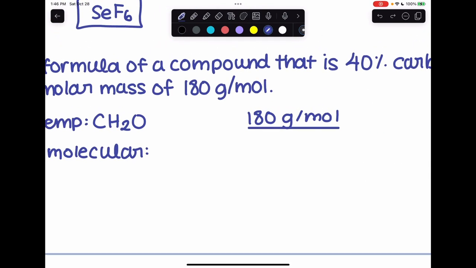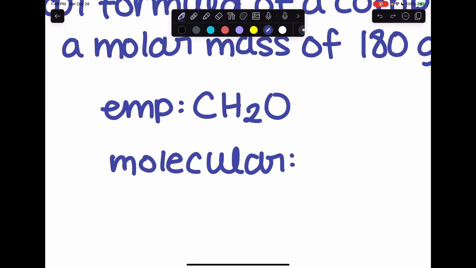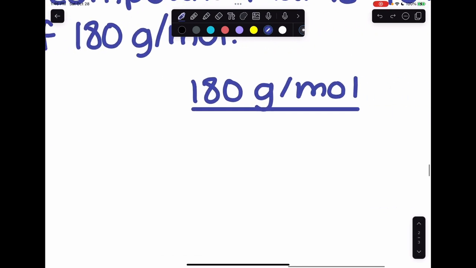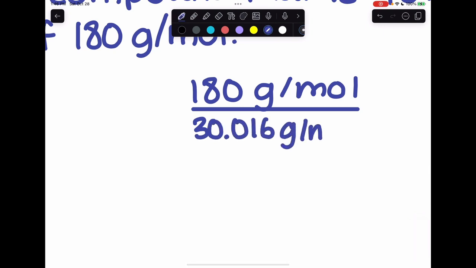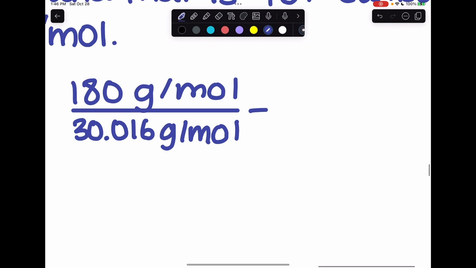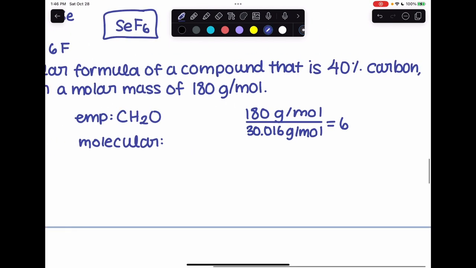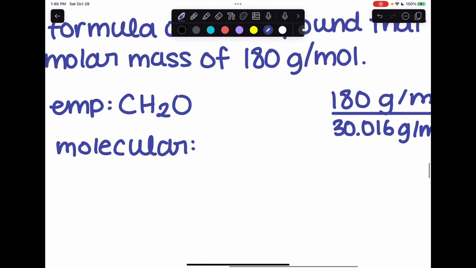And we're going to just add up this here. So carbon is 12.01 plus 2 times hydrogen, which is 1.008, plus oxygen 15.99. That's about 30.016 grams per mole. And when you divide that, you get 6. So that means you have to multiply your empirical formula by 6.